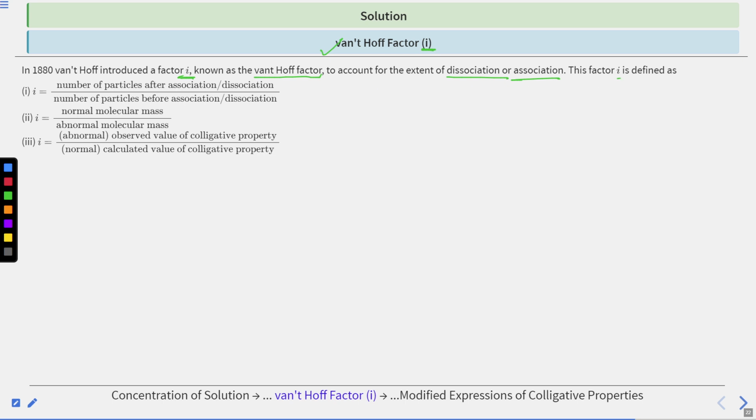This factor i is defined in various ways: the number of particles after association or dissociation divided by the number of particles before association or dissociation, or the normal molecular mass divided by the abnormal molecular mass, or the observed value of colligative properties divided by the calculated value of colligative properties. So these are various ways we can calculate the extent of dissociation or association using the Van 't Hoff factor.